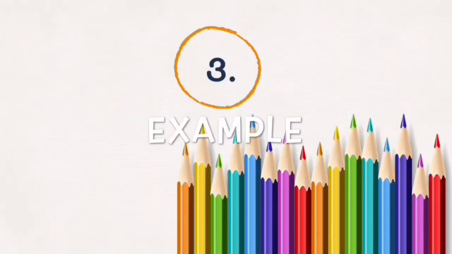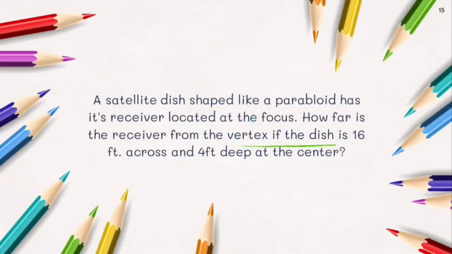we have example number 3. A satellite dish shaped like a paraboloid has its receiver located at the focus. How far is the receiver from the vertex if the dish is 16 feet across and 4 feet deep at the center?